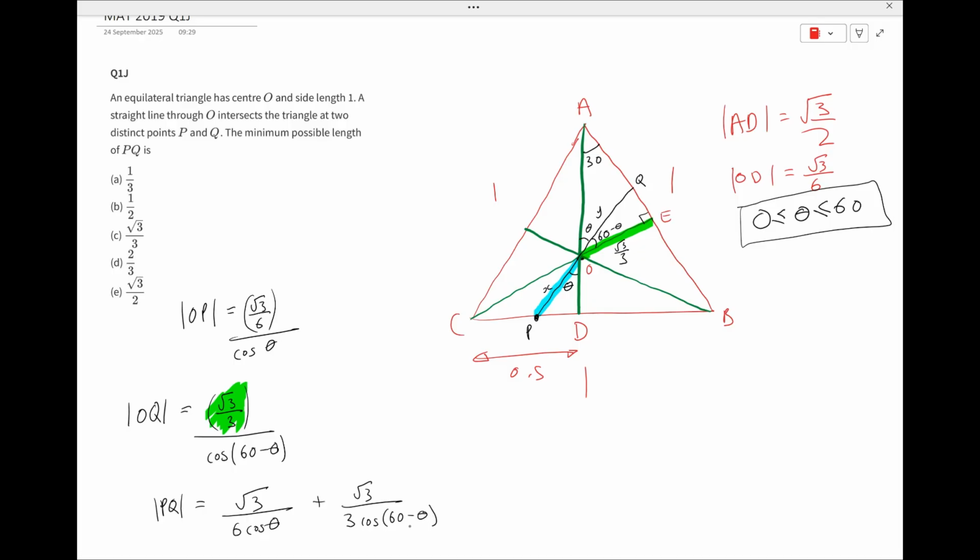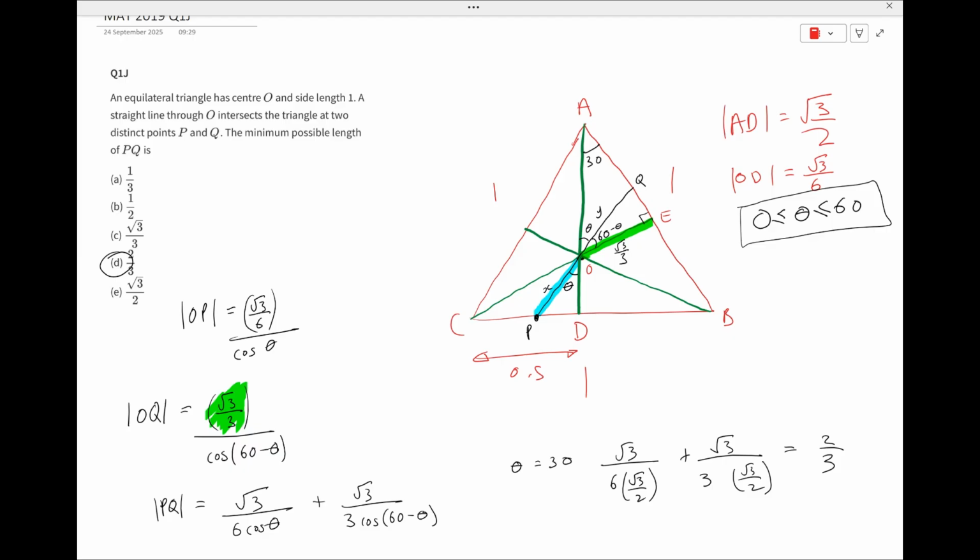When you put theta equals 30 in there, you end up with root 3 over 6 times root 3 over 2 plus root 3 over 3 times cos 30 again, which is root 3 over 2. Ultimately you end up with 2/3, which is D, and that is the answer.